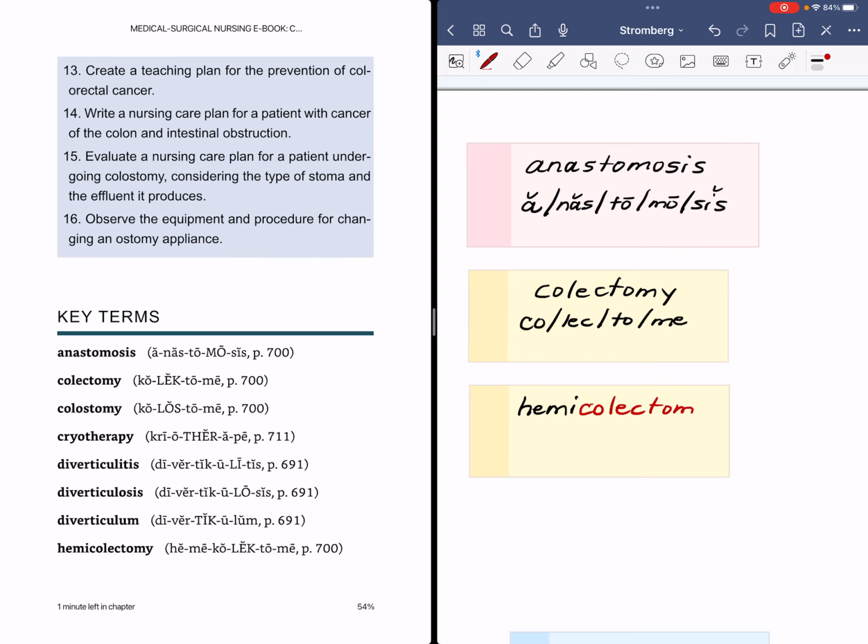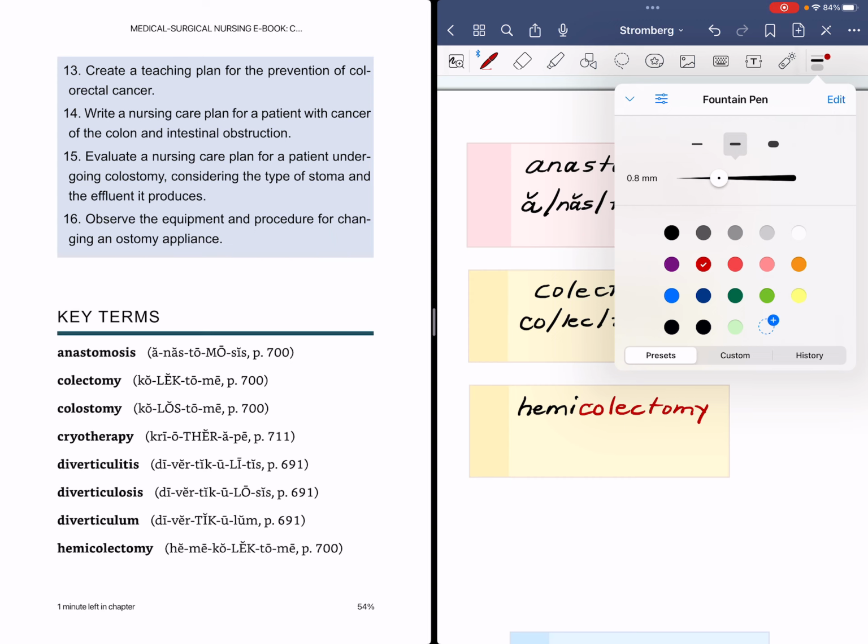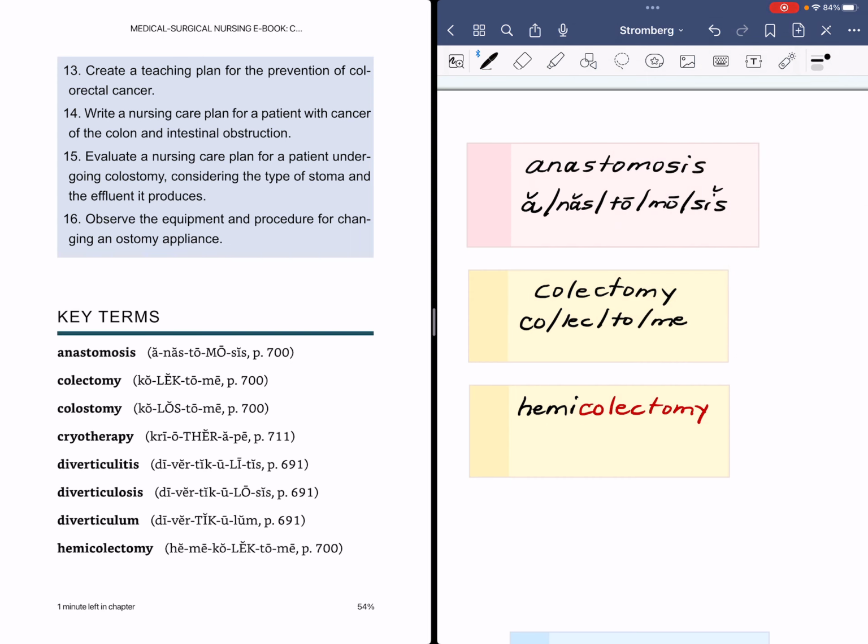So I can tell that these two words are related, these two yellow terms, and that hemi means half. I know that just from growing up and being an adult. You may not know that, and that's okay, but take the time to learn that.